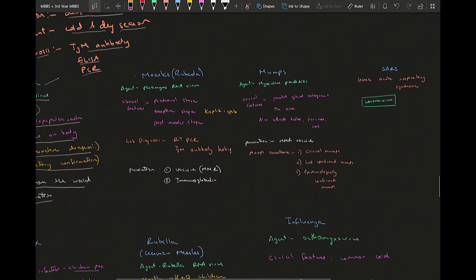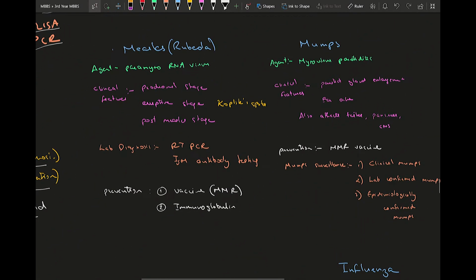Moving on to measles, it's called rubeola. The agent belongs to the paramyxo RNA virus group. The clinical features you need to know about are the prodromal stage, that is the URI stage, the eruptive stage, and the post-measles stage. The eruptive stage is the important one, where Koplik spots are present in the buccal mucosa.